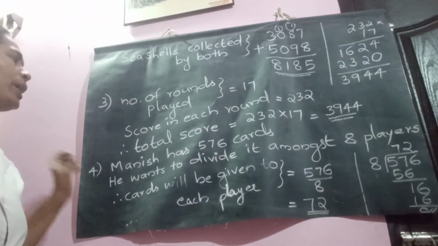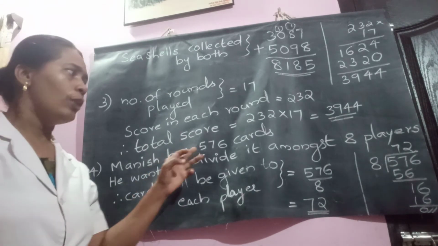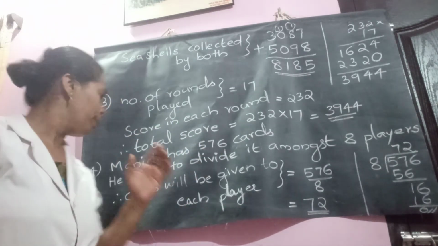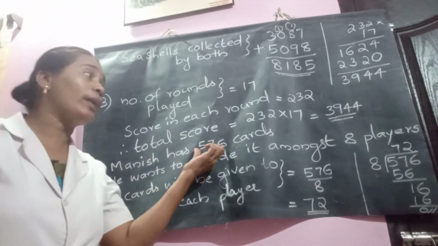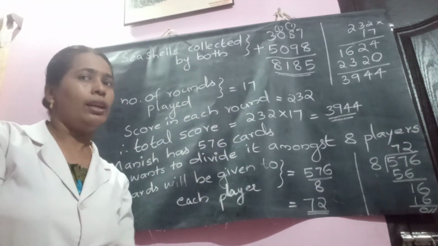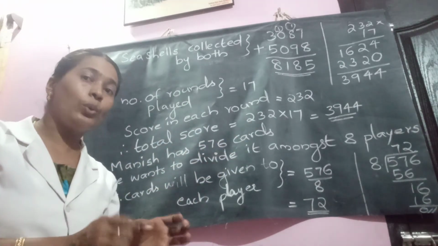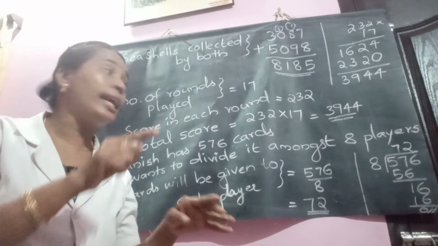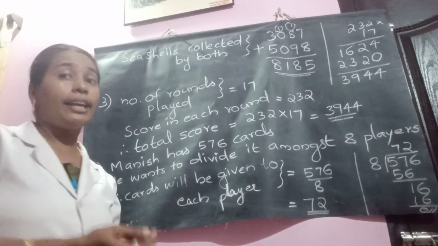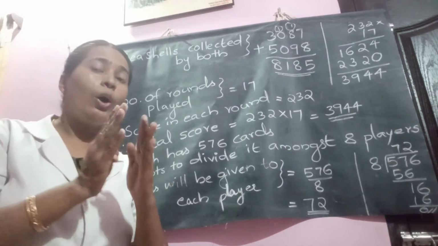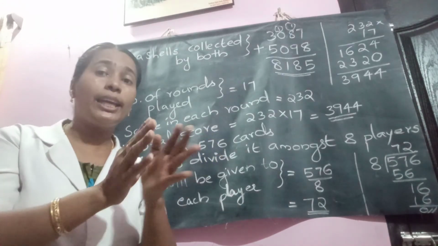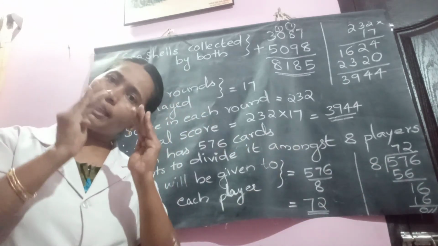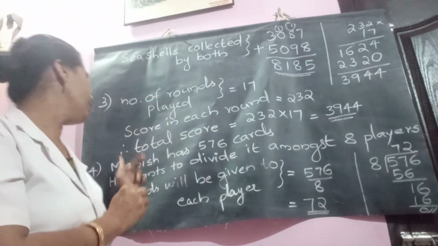Next, let us move to another story. Manish has 576 Pokemon cards. He decided to divide them amongst 8 players. Division is coming. He is going to make different groups. Total 576 cards were with whom?